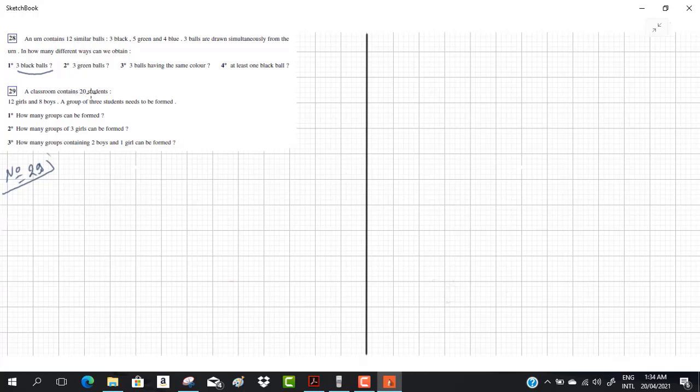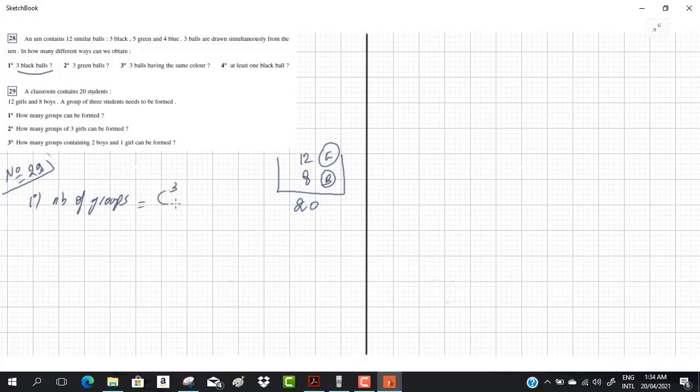A classroom contains 20 students distributed as follows. We have 20 students, 12 girls and 8 boys. A group of 3 students needs to be formed. How many groups can be formed? Part 1, number of groups, or number of ways, or number of possible cases.